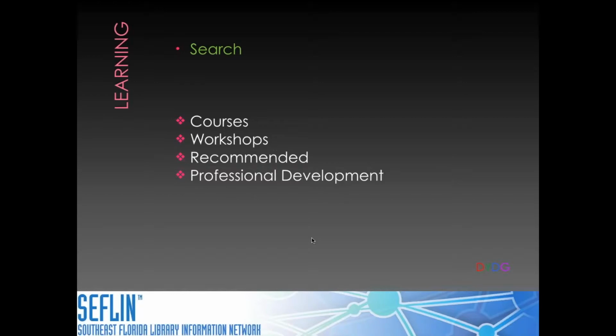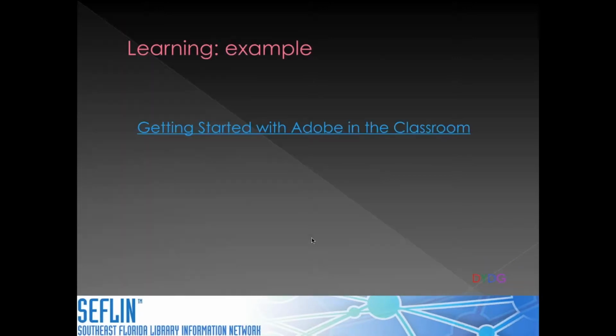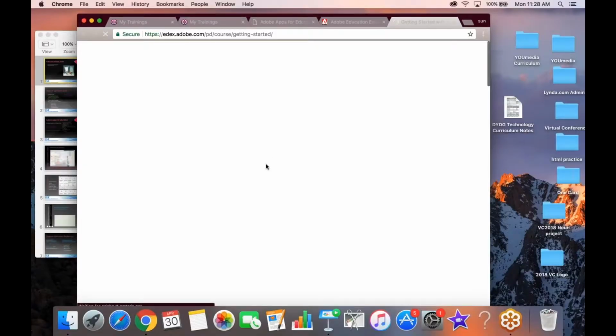So with learning, you can do searches for courses and workshops. In the search, I'll show you that again probably under the next section. I'm going to show you a little bit about searching and how there is the ability to search based on which type of app, the age level that you're looking for, or specifics, breaking it down that way.